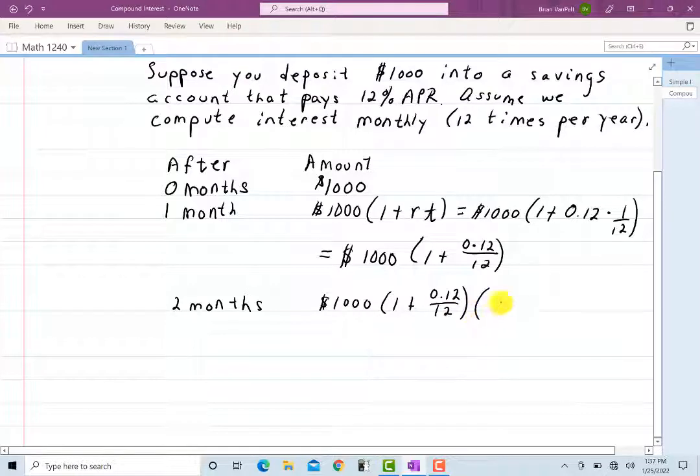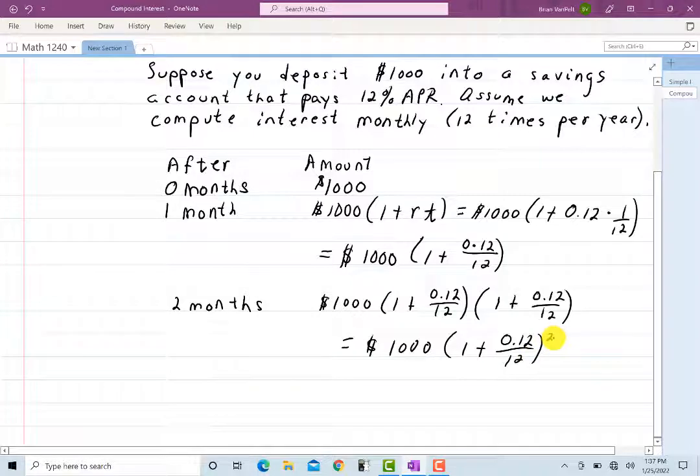So I multiply that by 1 plus 0.12 over 12. And if I simplify a little bit, you can see that I'll get 1,000 times 1 plus 0.12 over 12 squared.